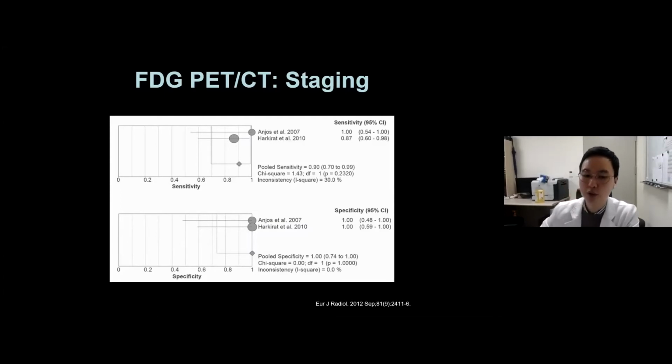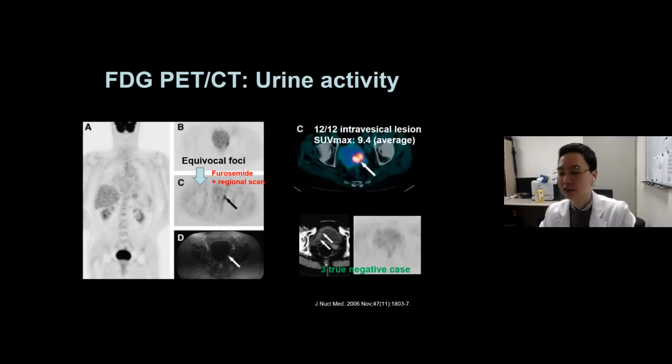But there have also been some attempts to enhance the detectability of bladder lesions by giving forced urination. To overcome this, they used furosemide to force urination after the injection. After the initial imaging, they give furosemide, and after voiding they do the regional scan again.